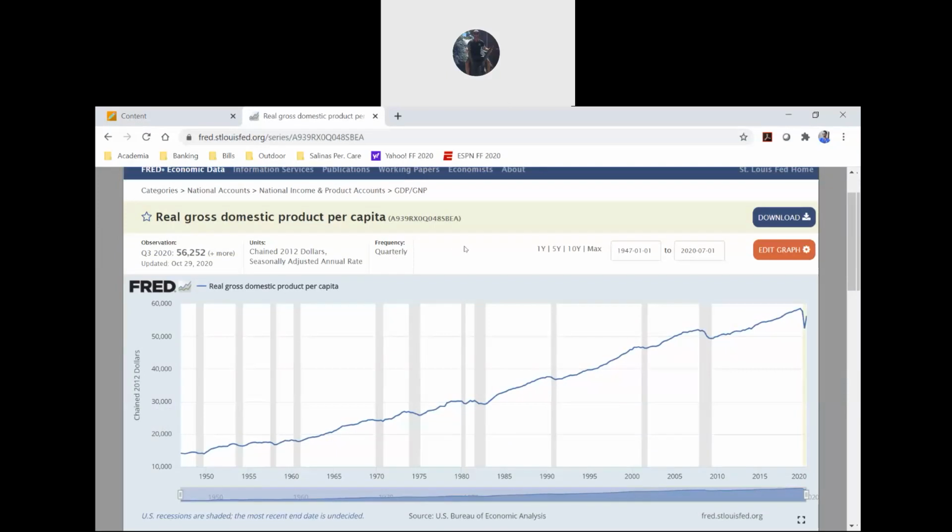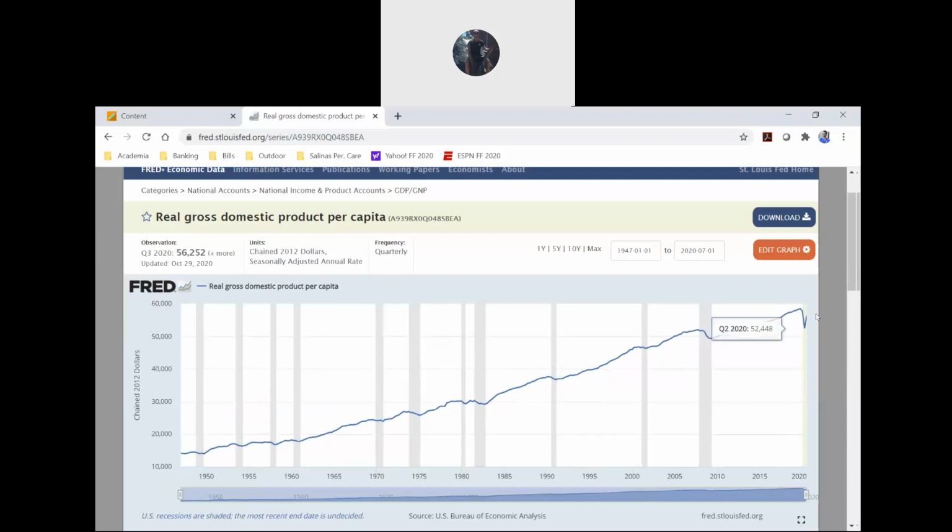All right, so in some ways this one's a better benchmark because it makes more sense per person. If you take all GDP and divide it per person, then on average that's about $56,000 per person, adjusted annually.